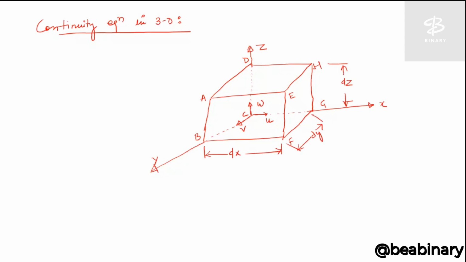So we are considering this fluid element which has the dimensions dx in the x direction, dy in y, and dz in z. And the velocities u, v, and w are in the x, y, and z directions respectively.